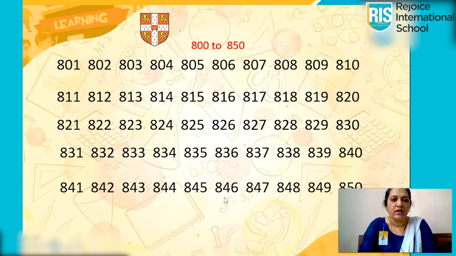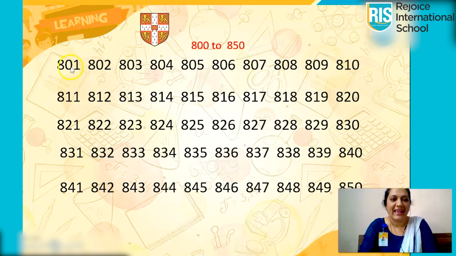Okay, one piece of information just to share with you, students. If you have a look at this, look at the digits in the first row in the units place. It is just simply written as 1, 2, 3, 4, 5, 6, 7, 8, 9, 10. And before that, what is it?